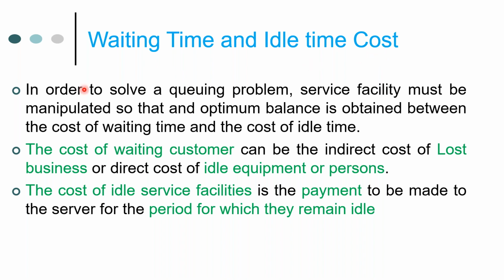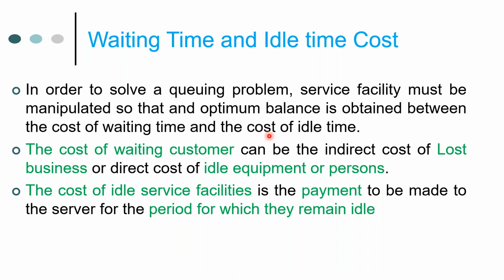Now, in order to solve a queuing problem, the service facility must be manipulated so that an optimum balance is obtained between the cost of waiting time and the cost of idle time.